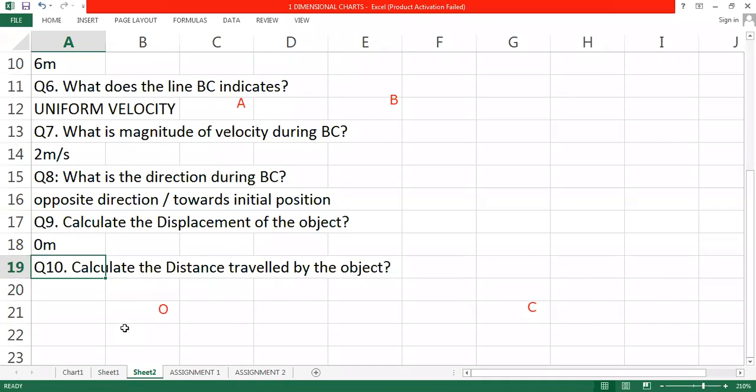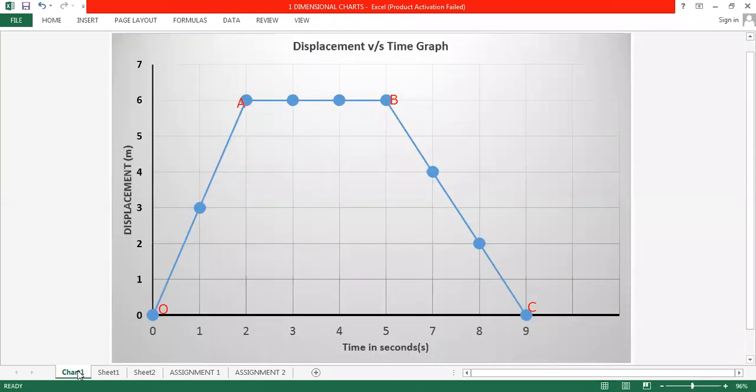Now calculate the distance traveled. Remember the definition of distance and displacement. Very good, Ruchir, Aditya, Avni. Brilliant. No, please check. Do you want to see the graph? See how much is the displacement. Please check the displacement carefully. Yes, Sejal.